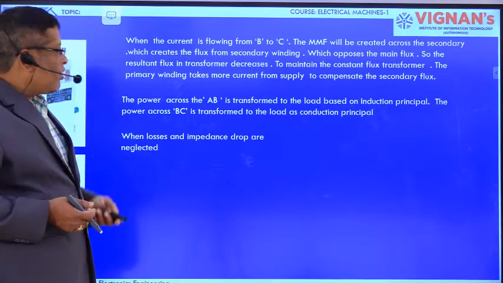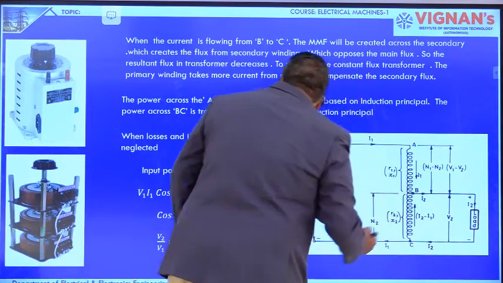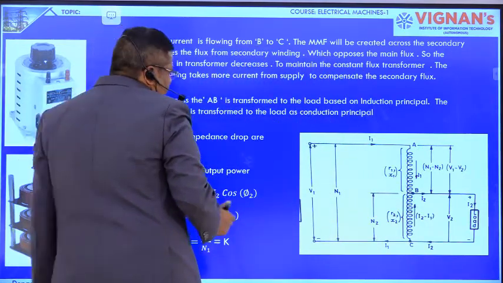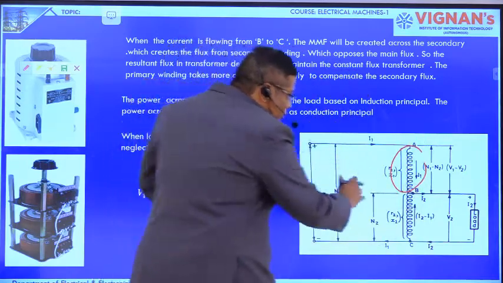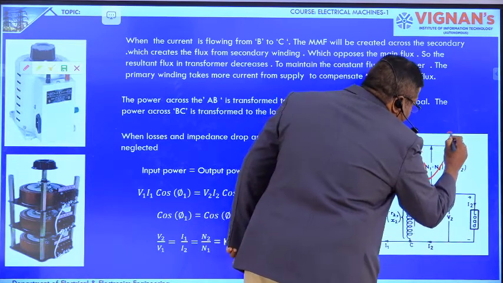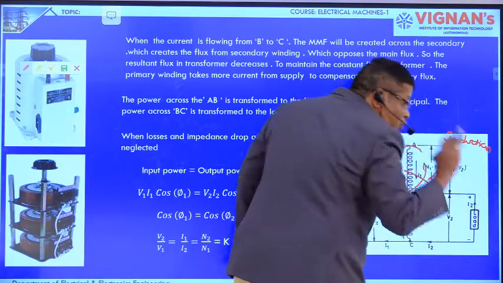Okay. What is the power available across this one? The power available across the AB will be transferred to the secondary due to the induction principle, as in a two winding transformer.